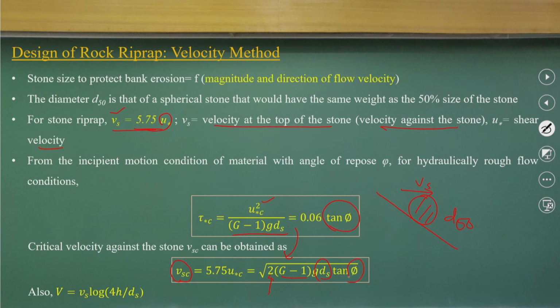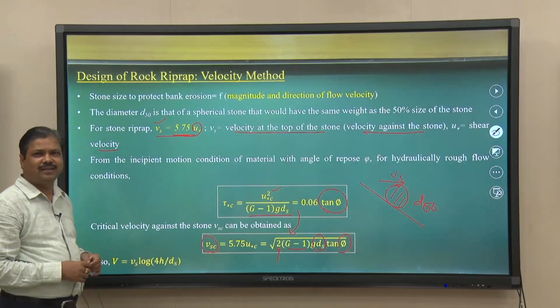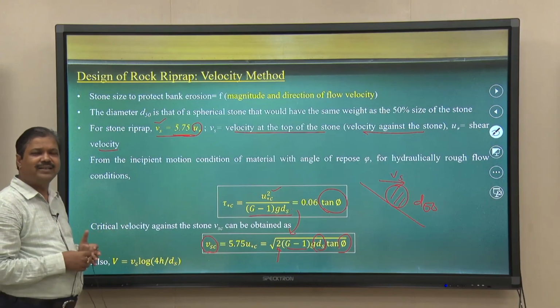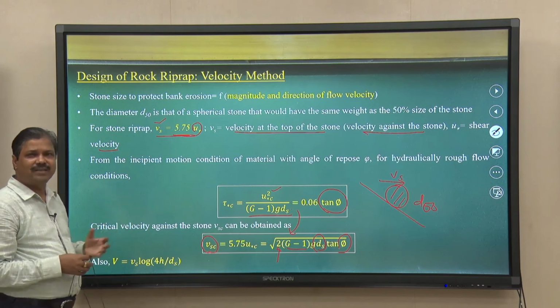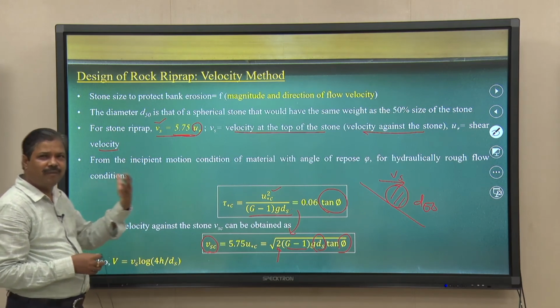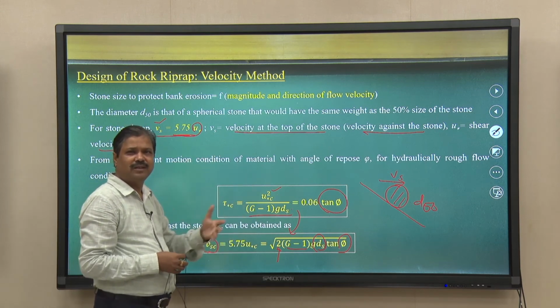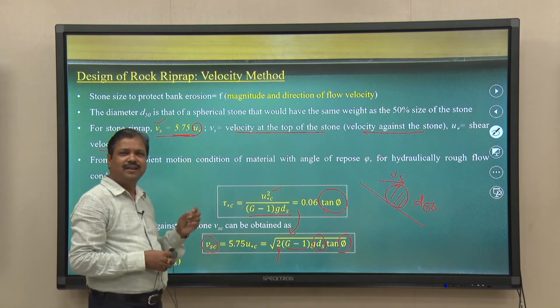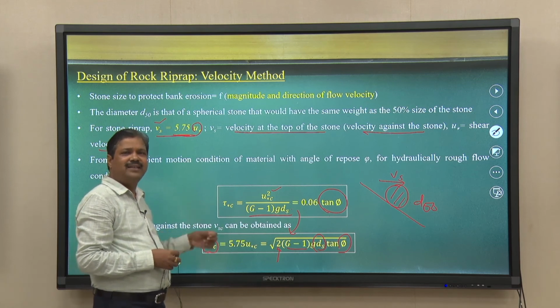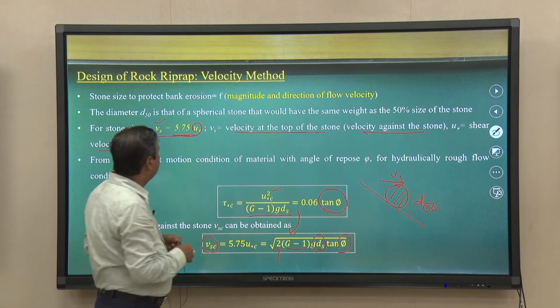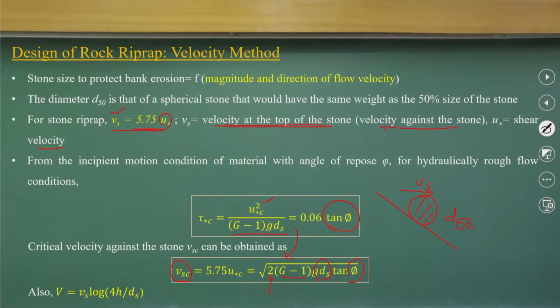Now, we cannot compute the Vs value, because we can know the average velocity, or we can design a velocity, maybe 3 meter per second, or 5 meter per second, or 2 meter per second, or 10 meter per second. So we can have a design velocity, but we cannot have the exact value of the velocity at the top of the stone.